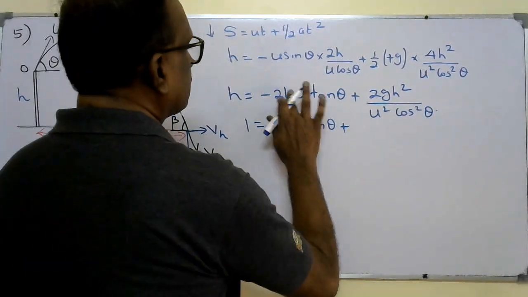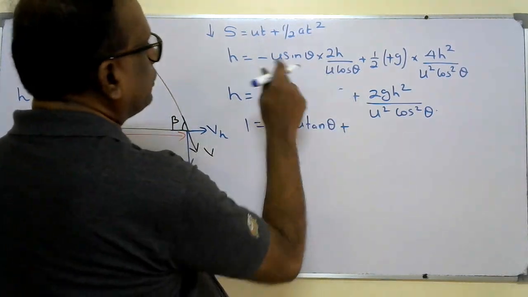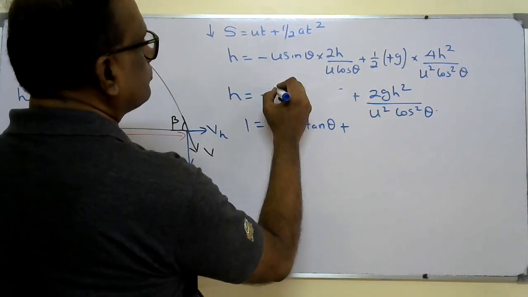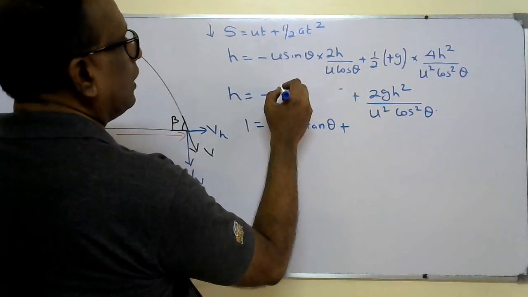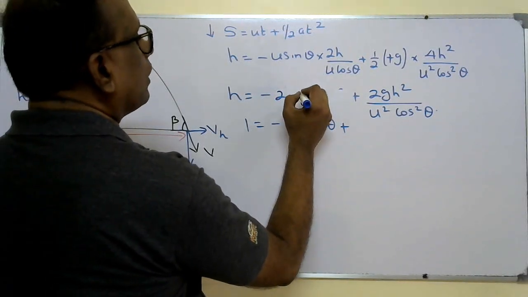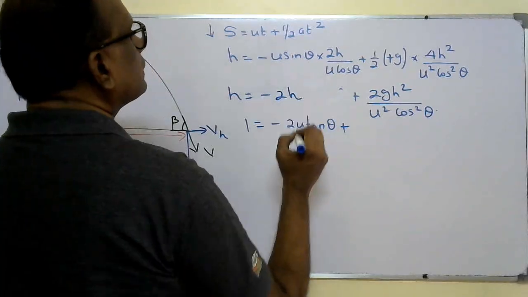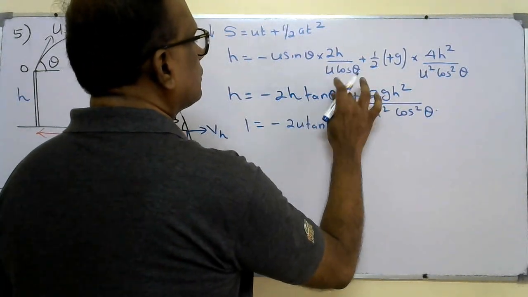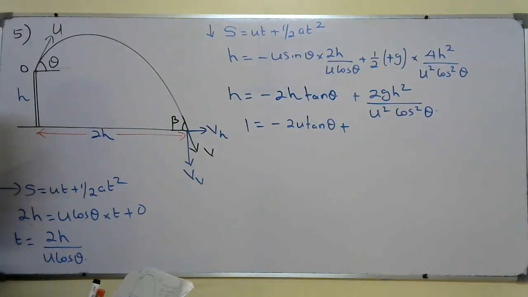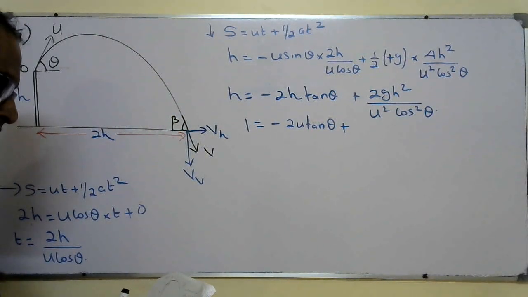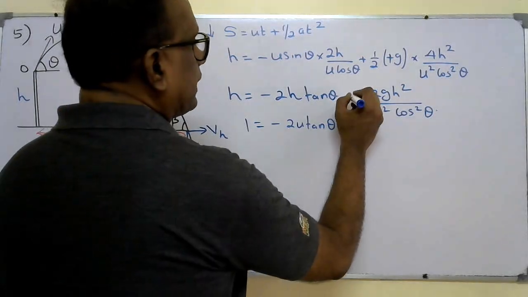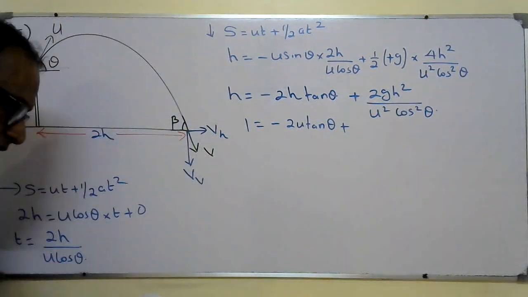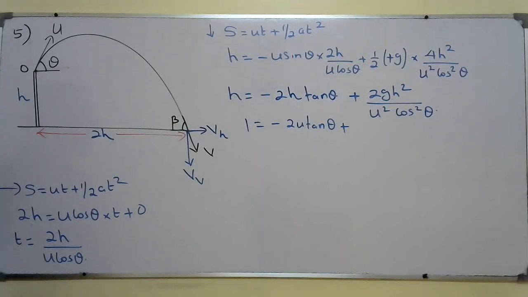This u and u will get cancelled, so that's going to be h equal to 2h tan theta plus 2gh squared over u squared cos squared theta.